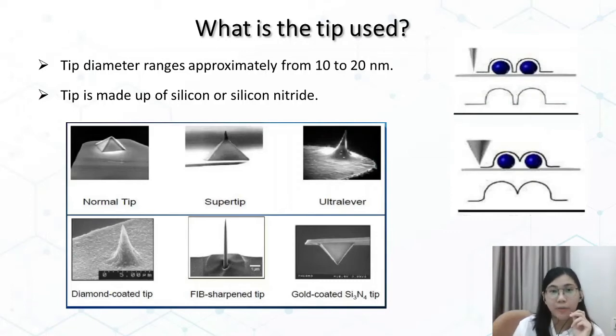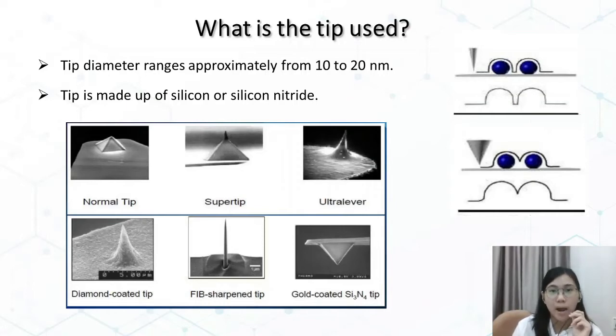Basically, AFM consists of a sharp tip approximately 10 to 20 nanometers in diameter, which is attached to a cantilever. The radius of the tip limits the accuracy of analysis, or resolution.